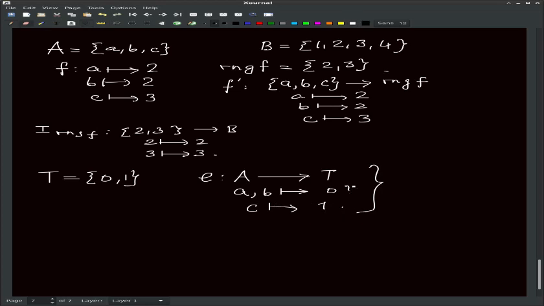Okay? And this is my M. It is this map from T, where 0 is taken to 2 and 1 is taken to 3.